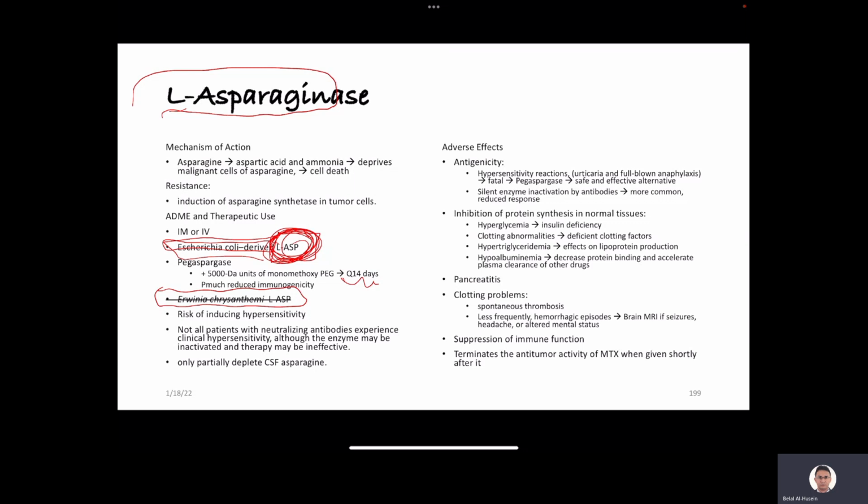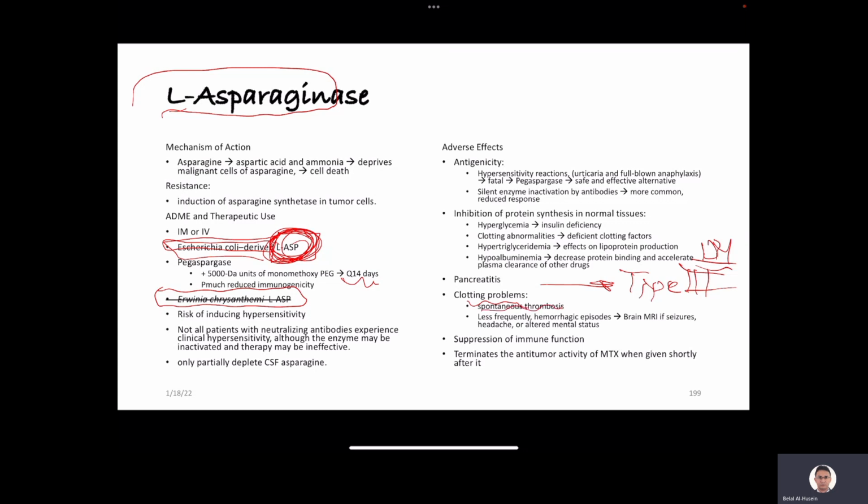L-asparaginase also could destroy the pancreas. And if you remember, we mentioned that as type 3 diabetes mellitus, okay, which is related to destruction of the pancreas or pancreatitis. Clotting factors are affected, as we have mentioned, because they are proteins whose synthesis is inhibited by L-asparaginase.